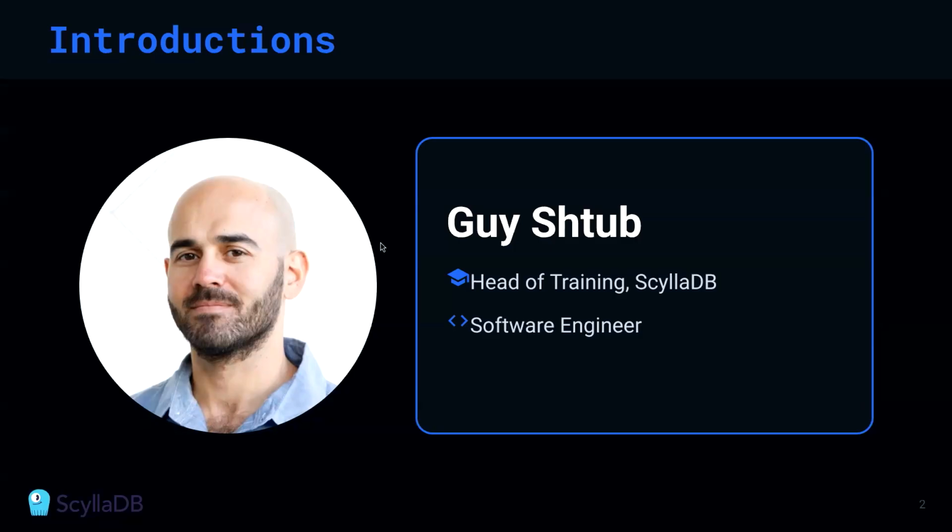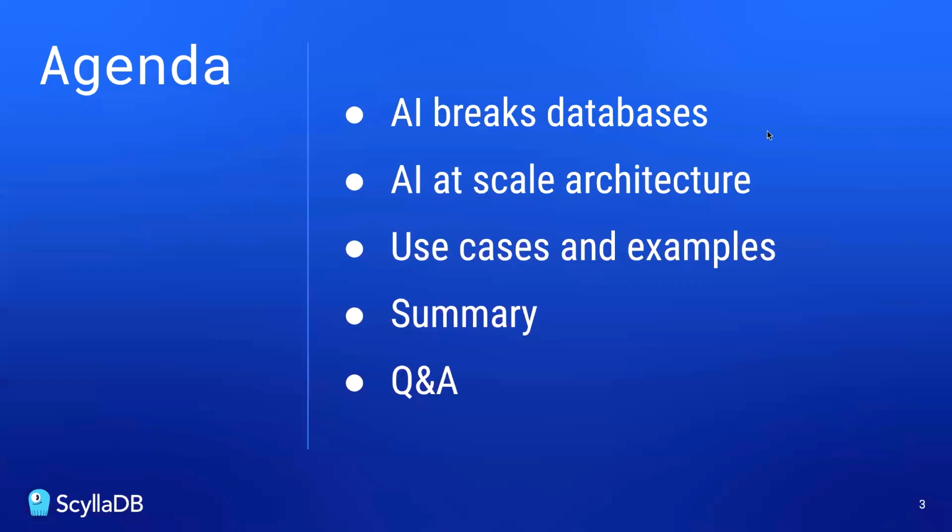And then I'll talk about AI at scale architecture, talking about how modern database architecture can solve some of those problems. And after that, I'll dive into some use cases and examples, different AI applications like vector search, like feature store, and talk a bit more about those, also using real-world use cases.